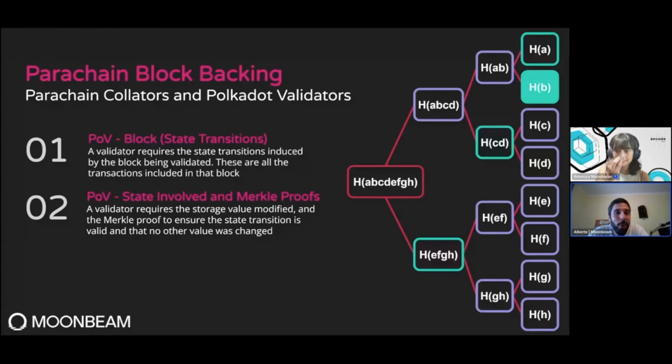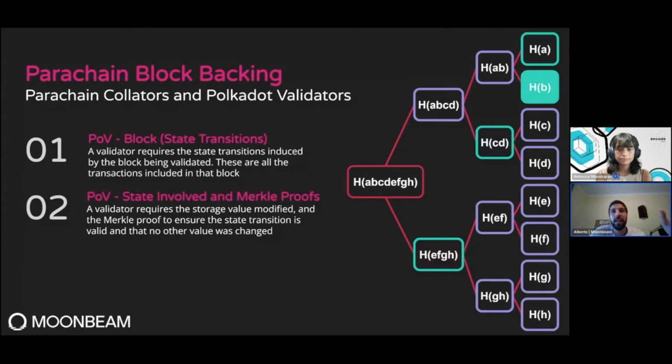Okay. But what's important is that the validator can verify the state transition with these two components. Remember what I said before, the validator will never check if the state is valid. It will check if the state transition being proposed by the parablock is valid, okay? Because the validator doesn't store the state of the parachain.